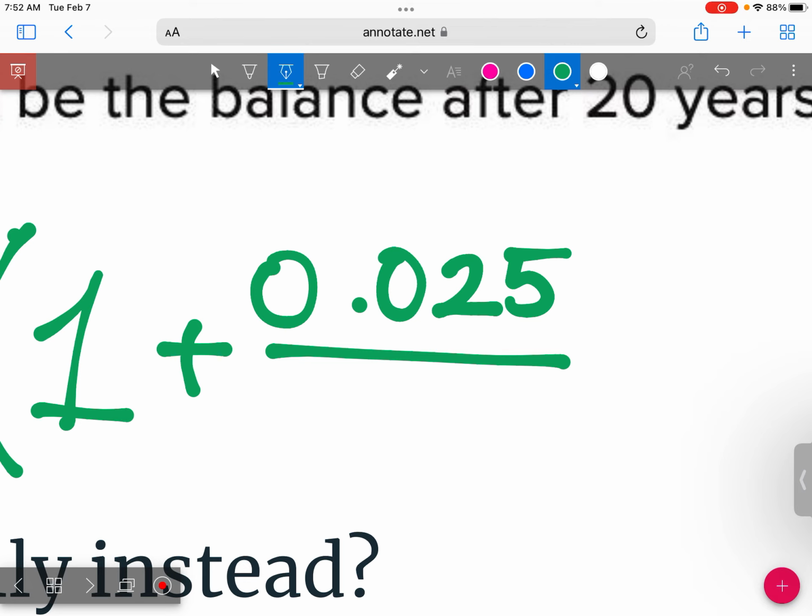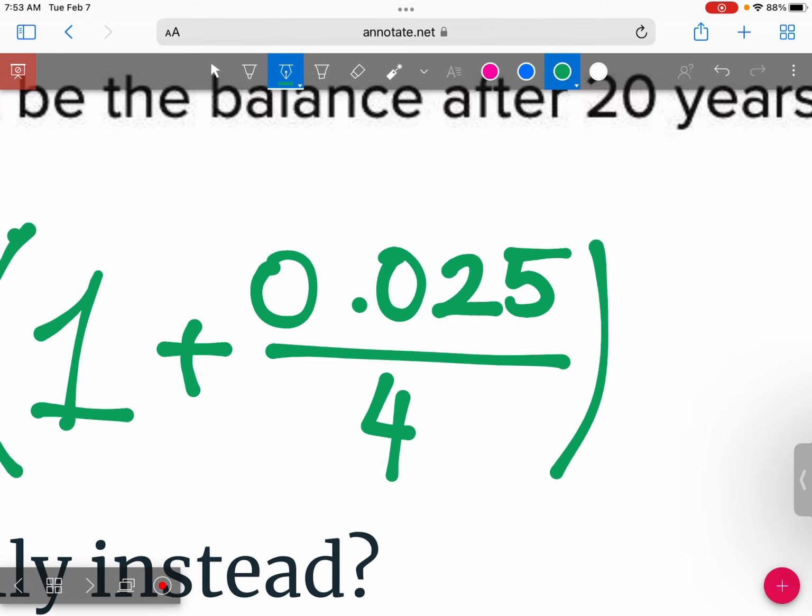Did we talk about compounding quarterly? How many quarters are in a year? 4. Yeah, your n is 4. So it's how many times per year we are doing the compounding. So what's our n? 4.